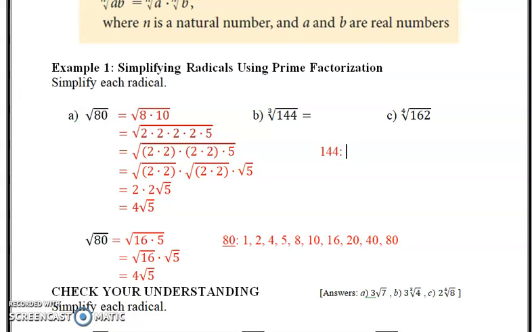144, and that would be 1 and 144, right? And then after that would be 2 and 72. And then we'd have 3 and 48. Again, I'm just doing this on scrap paper. Like, you can see me write that. Then 4 and 36.